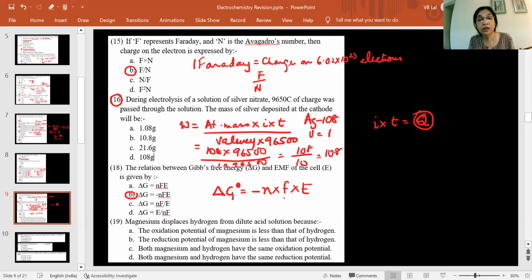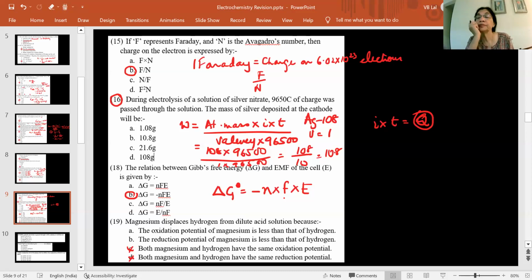Okay. The reduction potential of magnesium is less than that of hydrogen. Then both magnesium and hydrogen have same reduction potential and both have same oxidation potential. So C and D anyway cannot be. Now you have to choose between A and B.